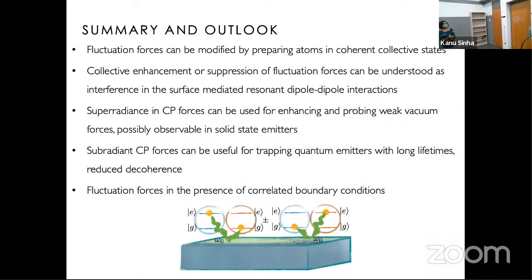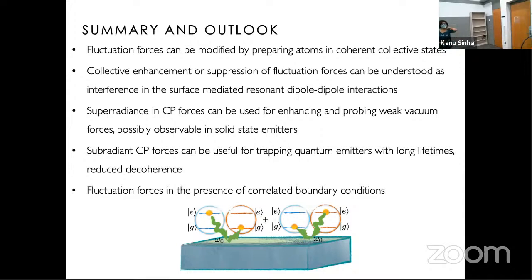Okay. Now this brings me to the conclusion of the first part of my talk. So fluctuation forces can be modified by using collective effects, as we see, and this modification can be understood as an interference in the surface-mediated resonant dipole-dipole interaction.